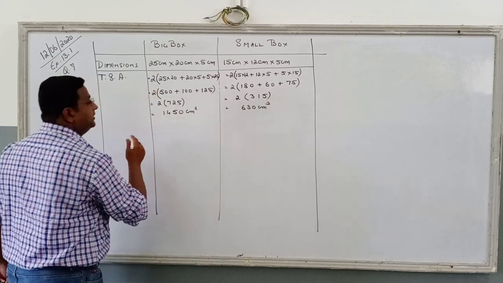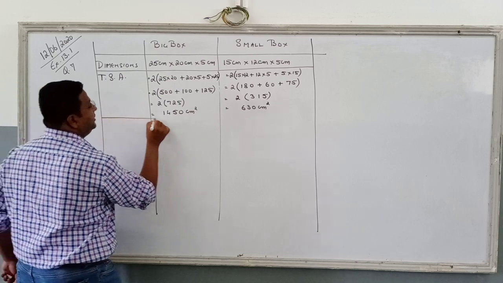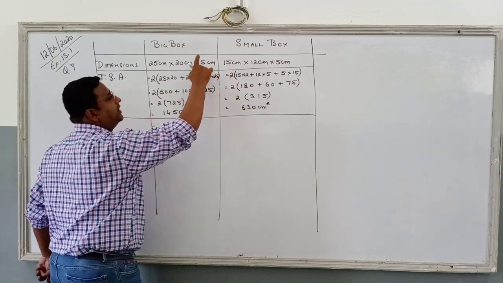This is the total surface area of each box, one bigger and one smaller.